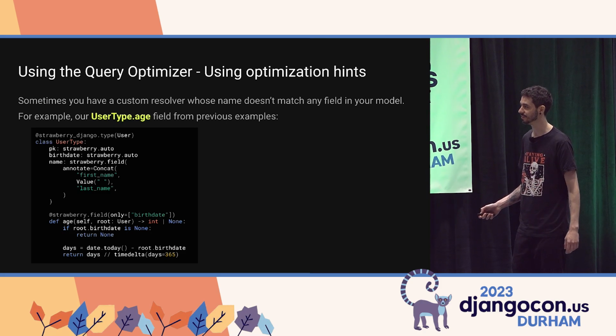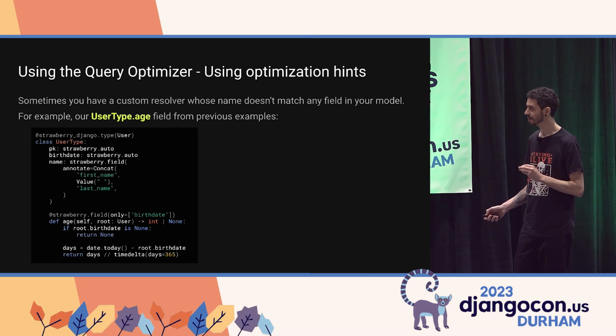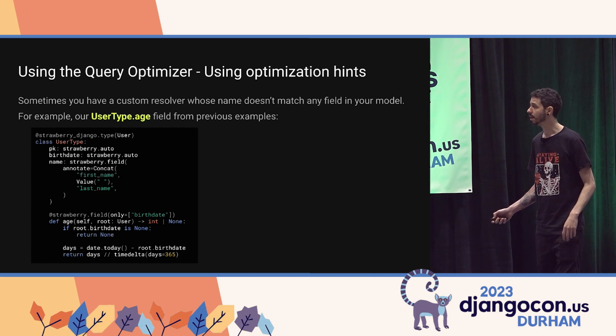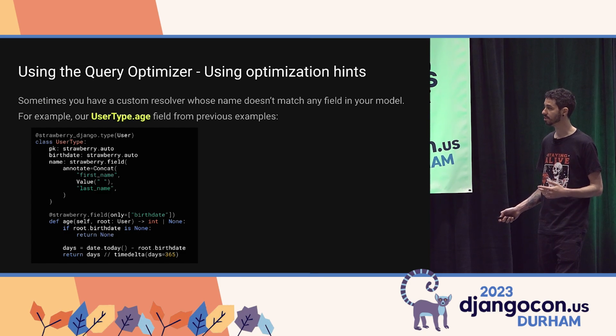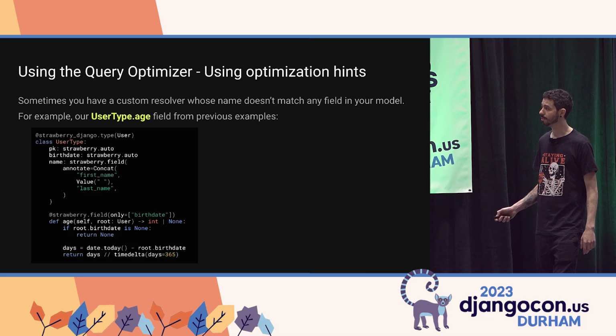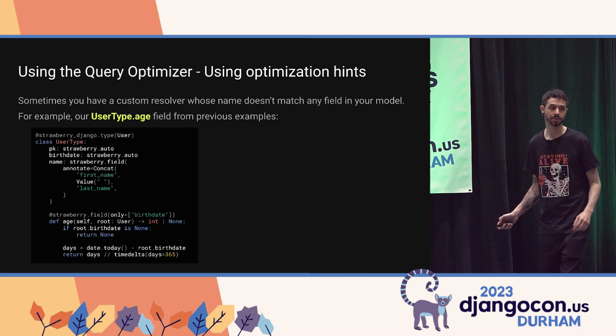Actually, this one is an example of using hints for annotations, but you can also do something like this. So the age that we mentioned before, the integration has no way to know that the age requires the birth date. So I am giving it a hint that it should load the birth date also when calling .only, and then I can access this without issues.